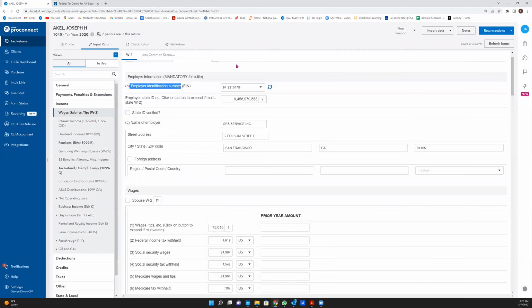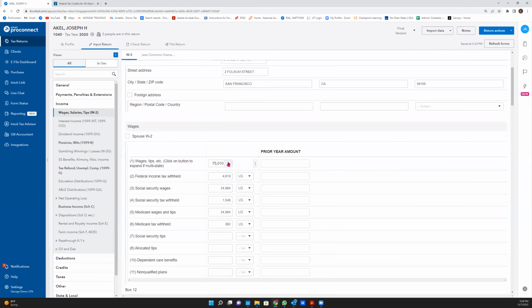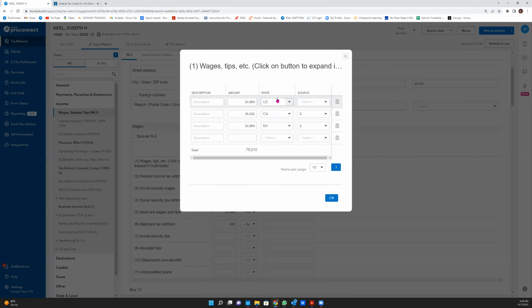And then the way that wages are input, again, remember how I said it's very important to pay attention to which jurisdiction it is telling you that the wages are for. If it is federal, you must put US, because it's federal jurisdiction, and you don't need to select the source here.